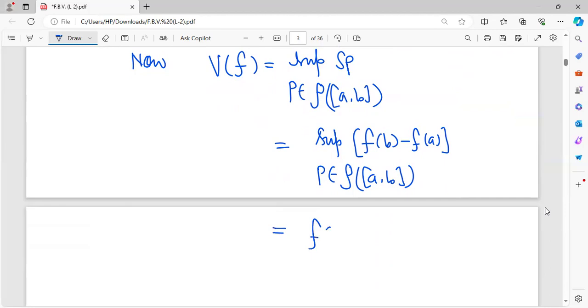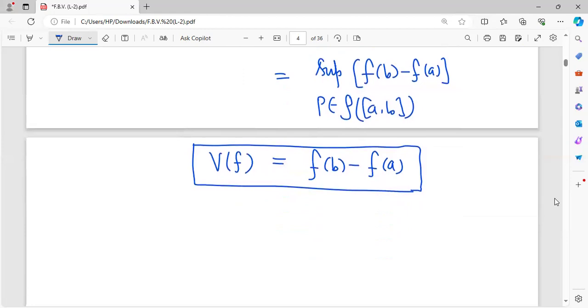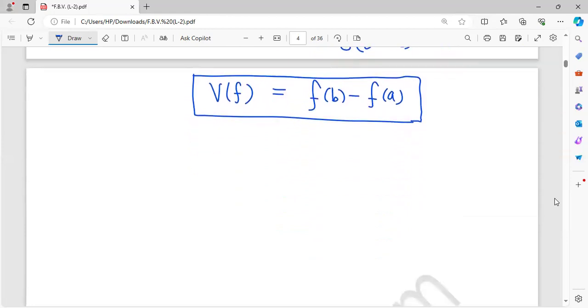So this is FB minus FA. So we prove this. Now, because FB is greater than FA, because the function is monotonically increasing, I can write it like that.